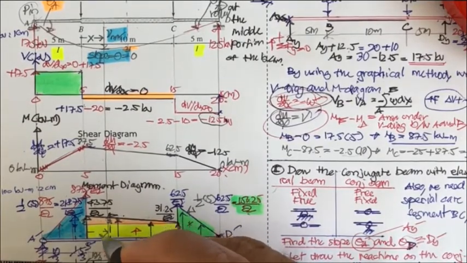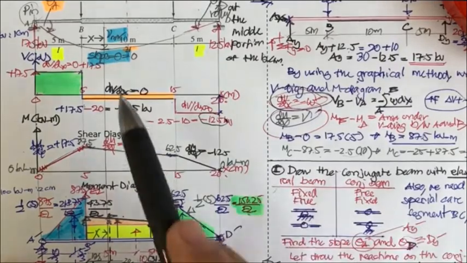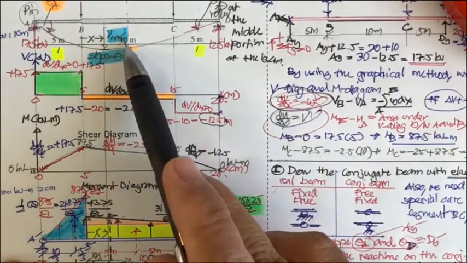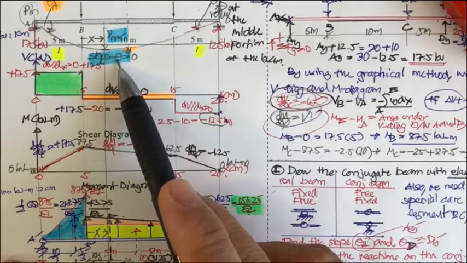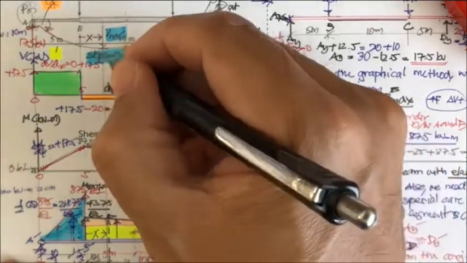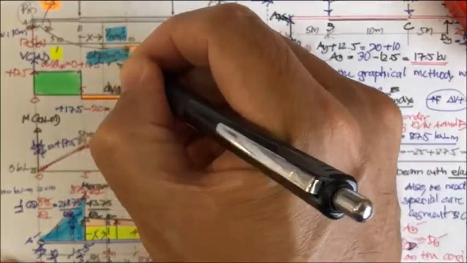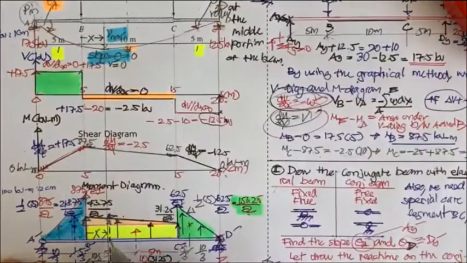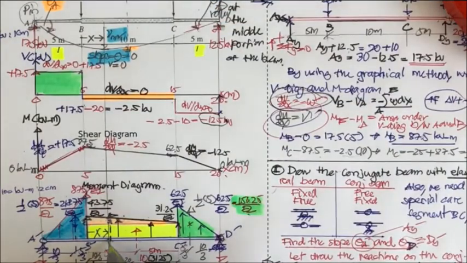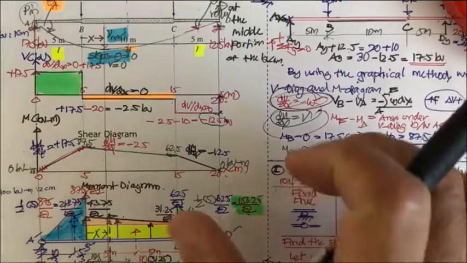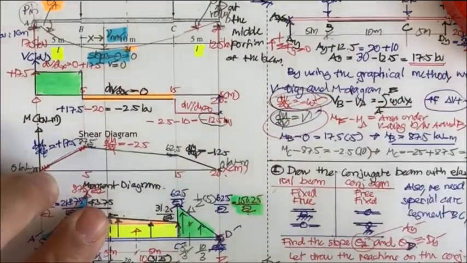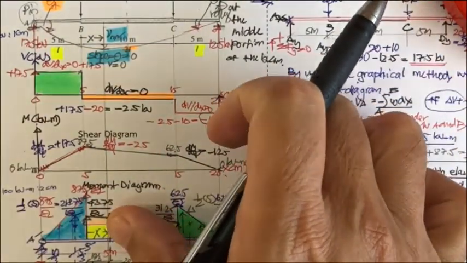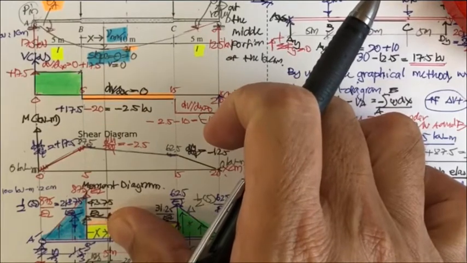That is the position that may produce the V max, and it will have this condition: the slope equal to 0, or for the conjugate beam the V prime is going to be 0. So over here the V prime must be 0. You may use this part to calculate it, or this part to calculate it. It's up to you.